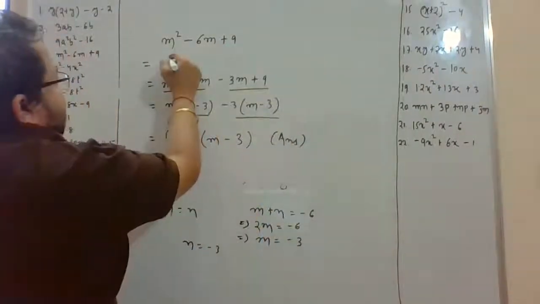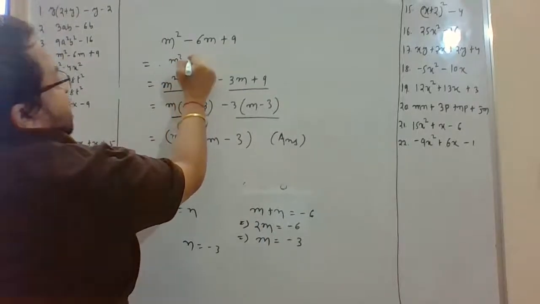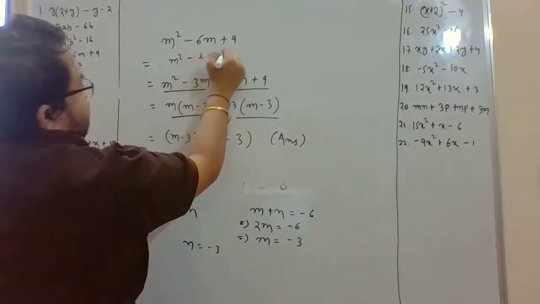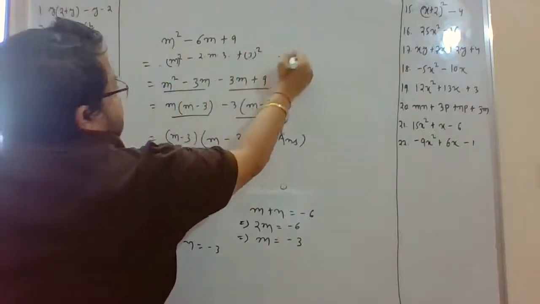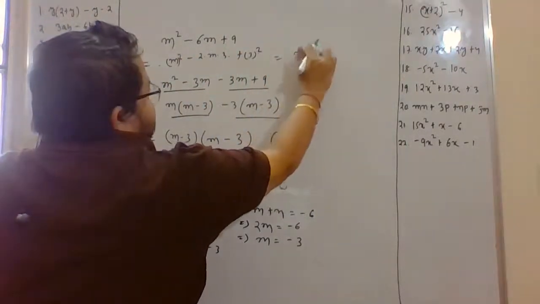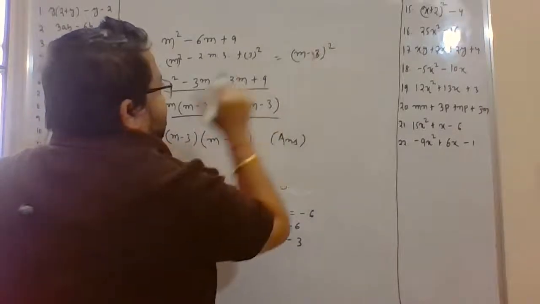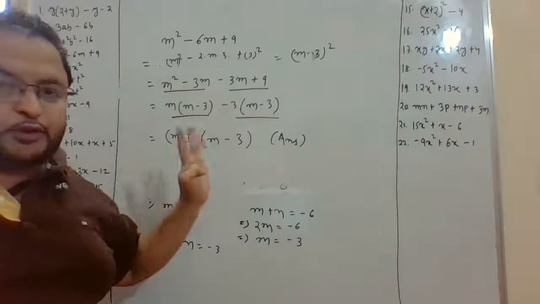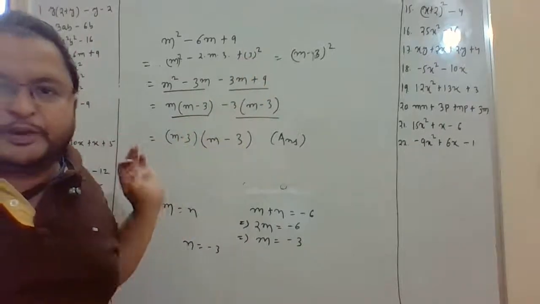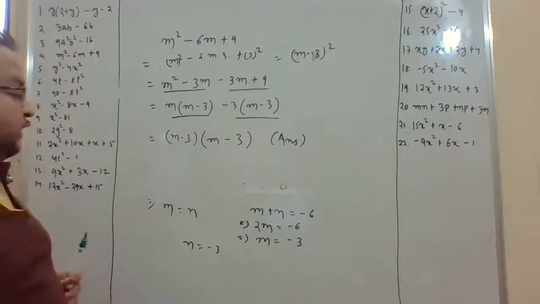That is m squared minus 2 into m into 3 plus 3 squared, so this is nothing but m minus 3 whole square. I would prefer this as the best way of solving it, but I have shown you three ways. Whichever you like, you can solve using that technique.